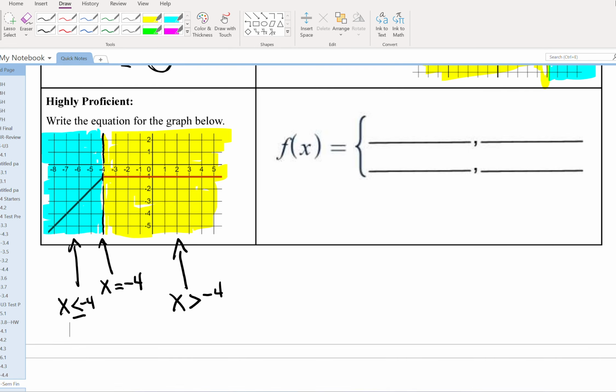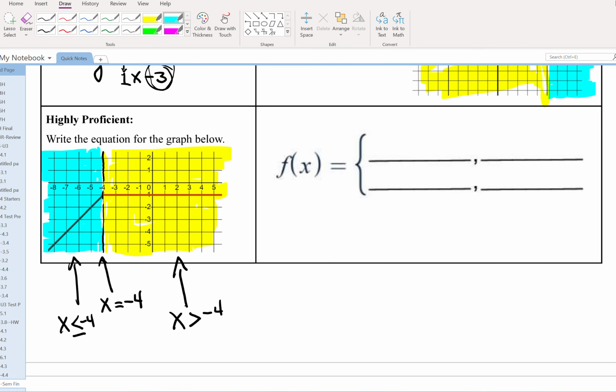Let's look at this blue one here and just kind of color code this over here. Making note, this is the domain for this piece of the function. X is less than, let's go ahead and put equal to on that one, less than or equal to -4.